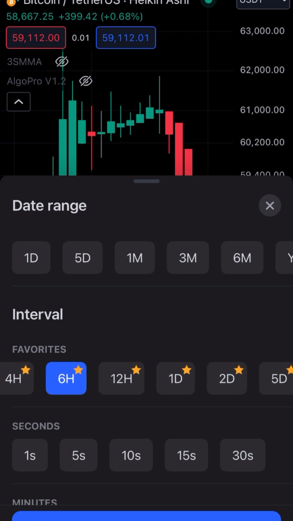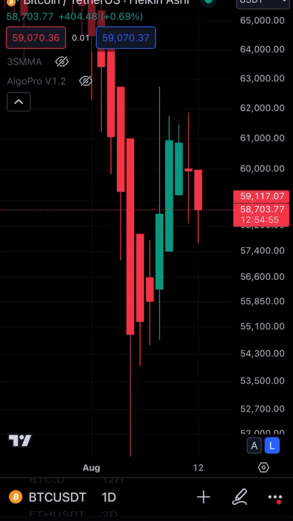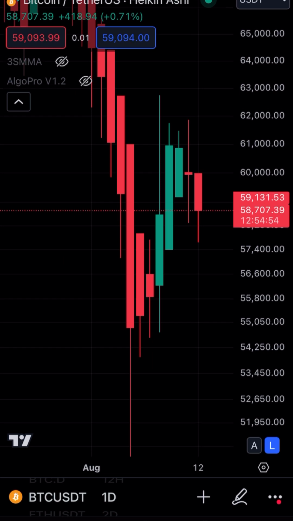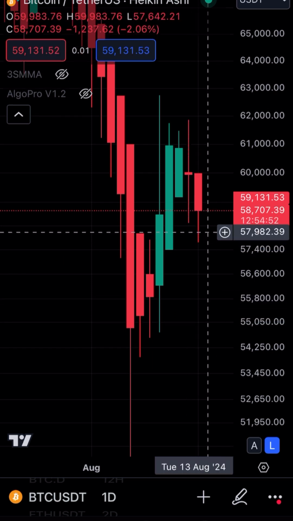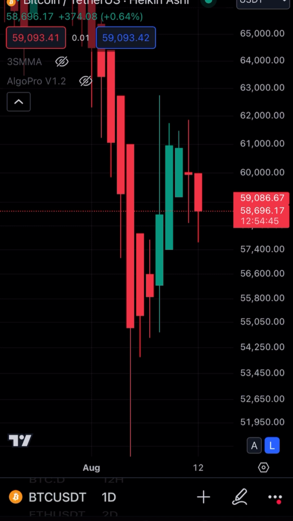In the last video I did, I think we focused on the day. But the day doesn't really give us a lot of the data we need, because what we've got right here is an indecision candle, and then a bearish candle. So we can't really go on that to say it's going down for today.